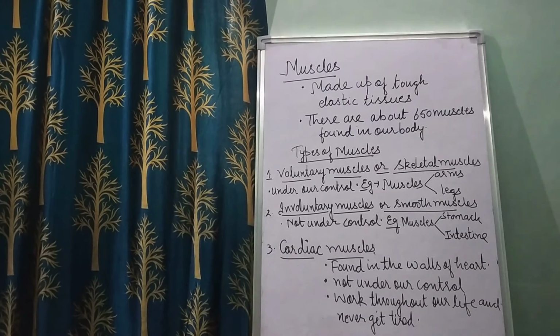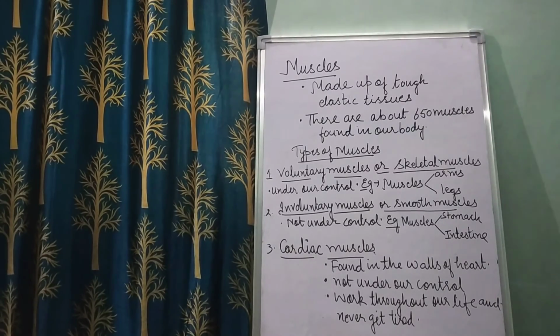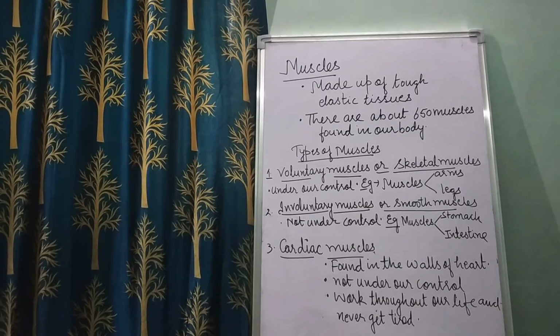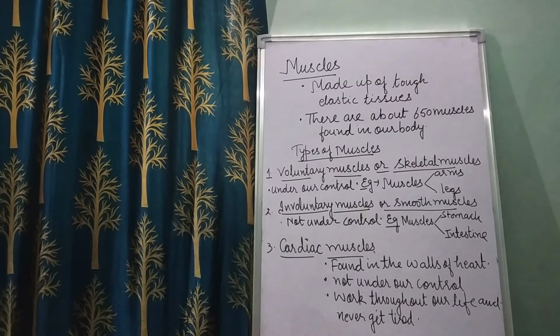So children, the stomach and intestine work automatically. They are not under our control, they keep on working throughout life.